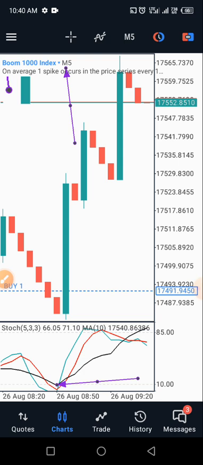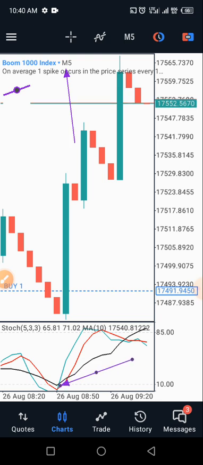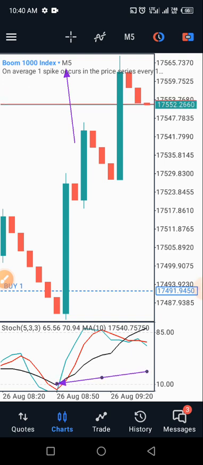I'll show us how to make use of this strategy, and before the end of the video I'll be showing us how to add these particular settings, the stochastic 5 3 3 and the moving average 10, on our chart. But first of all, let me explain how to make use of this strategy.